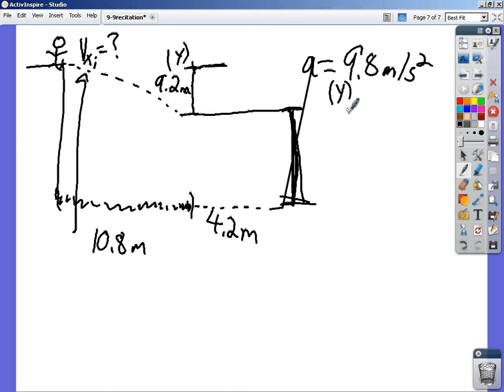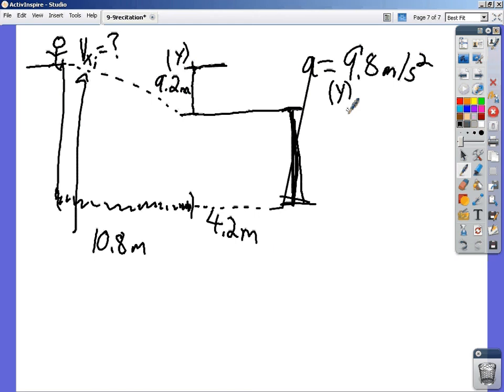Okay, so we could say in the Y direction we know a couple of things, and we're going to have to assume some of these things. First off, we know the acceleration is 9.8 meters per second squared. What else do we know from the picture? We know our change in Y is going to be 9.2 meters.